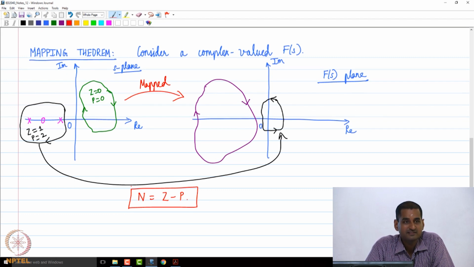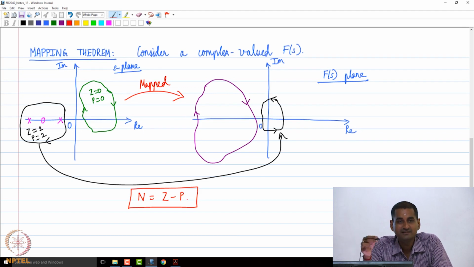If I have a closed contour in the S plane which does not pass over any of the poles or zeros of an arbitrary function f of s, then that contour gets mapped to a corresponding closed contour in the f of s plane, and the number of clockwise encirclements n of the origin by that contour is going to be z minus p.